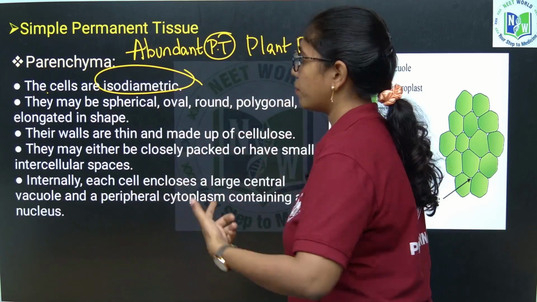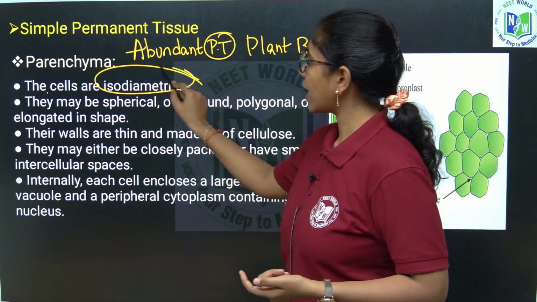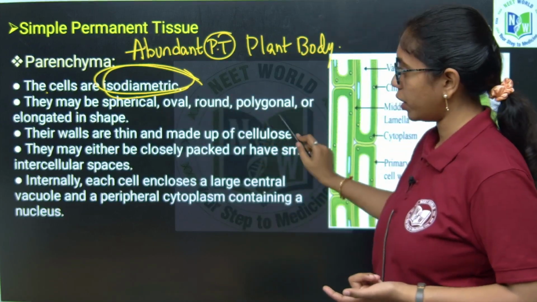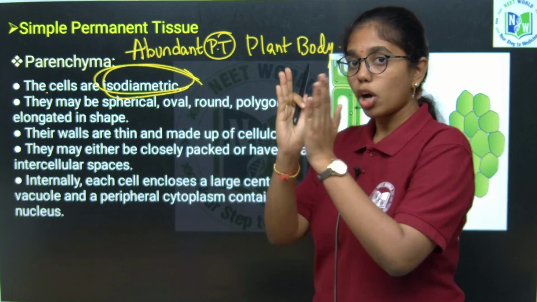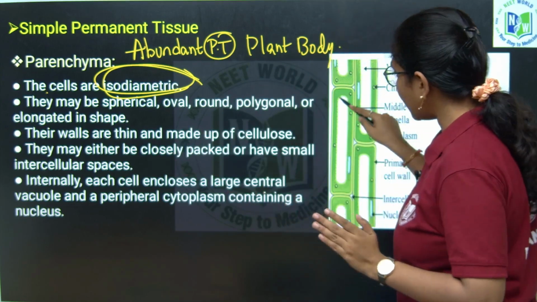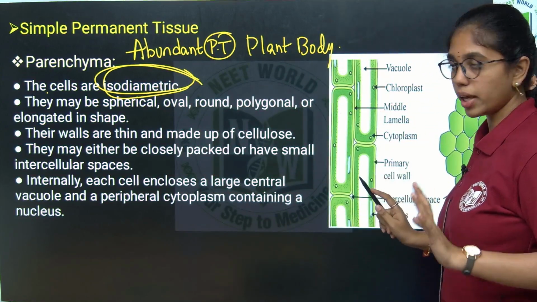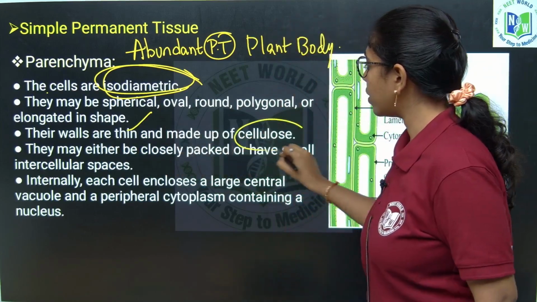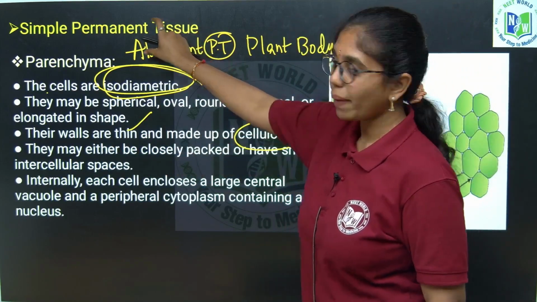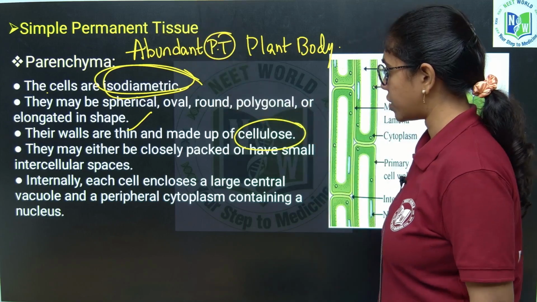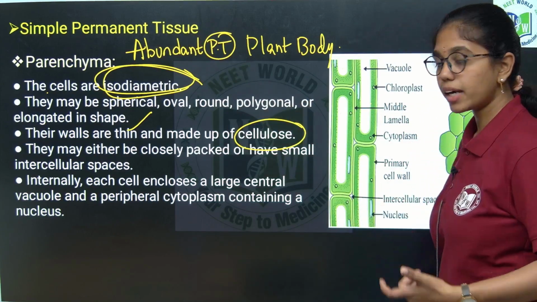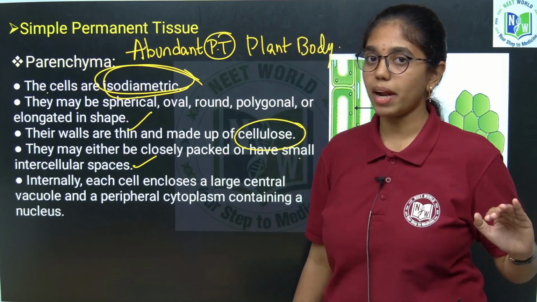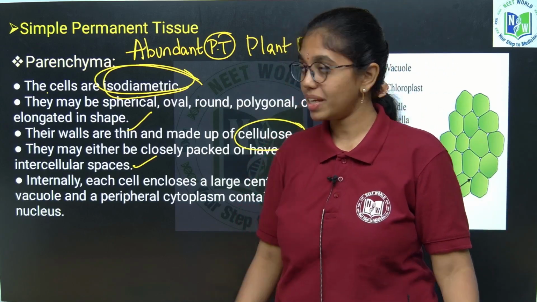The cells are isodiametric, meaning all cells are similar in structure. They may be of different shapes like spherical, oval, round, polygonal and elongated, but all the cells are of the same structure. Now, their walls are thin and made up of cellulose, and they can be packed or they can have small intercellular spaces, not like meristematic tissue where there is no intercellular space.